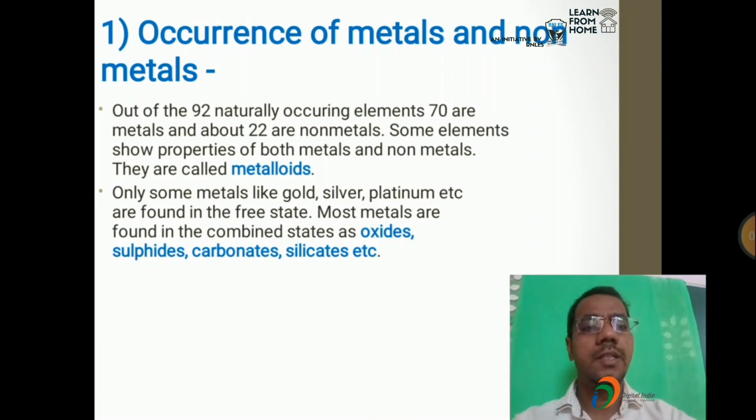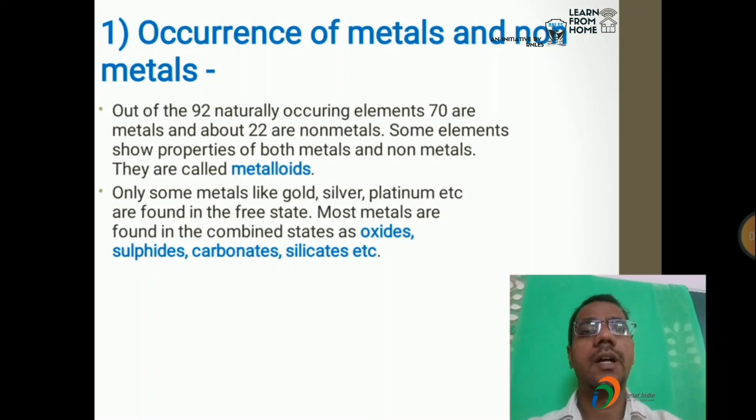So these elements are not combined with any other element; they are present in a free state. And a few metals are combined with oxygen, called oxide, with sulfur, called sulfide, with carbonate, that is CO3, and with silicates.